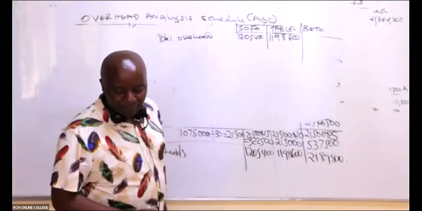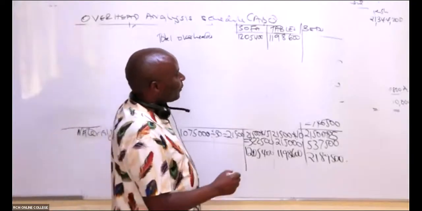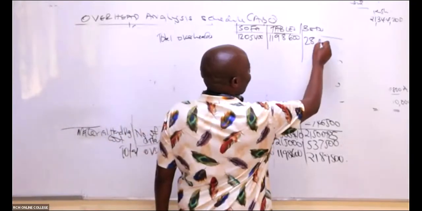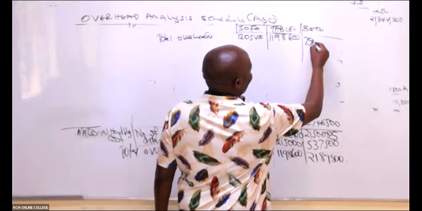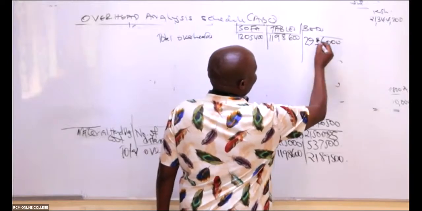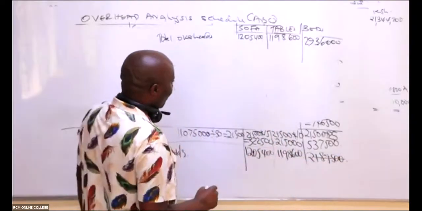No problem. The last figure, 29,36... 29,000. So please correct this figure. Madam, you can just check where you went wrong.